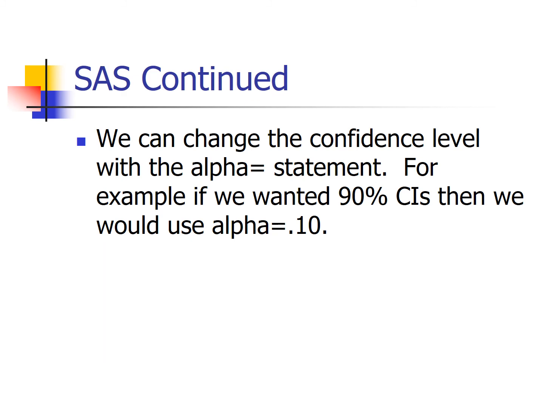Now, if you wanted something other than 95%, in addition to your CLM, you could use the ALPHA option. The alpha is always 1 minus the confidence. So if you wanted 90% confidence intervals, then you would say alpha equals 0.10, and you would get some output that looks like this.